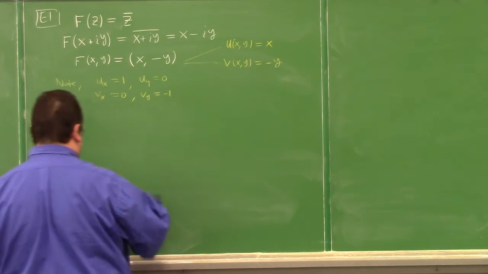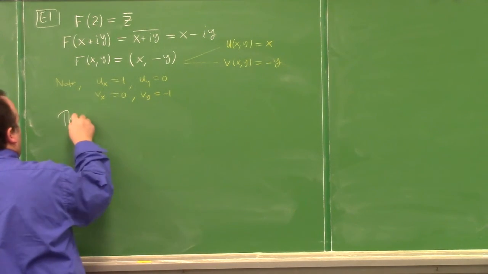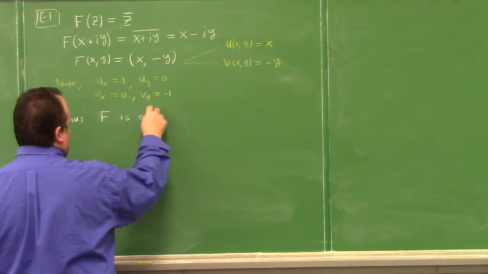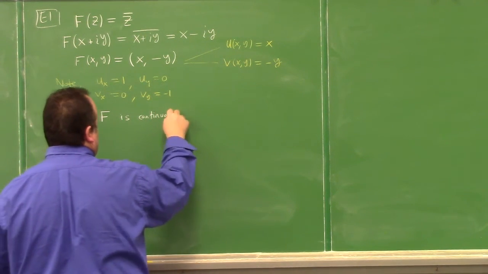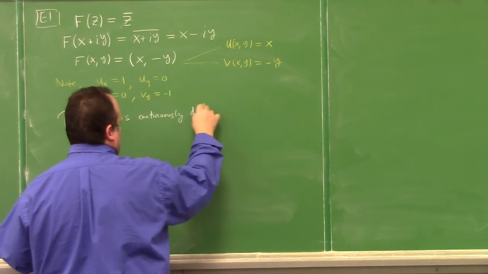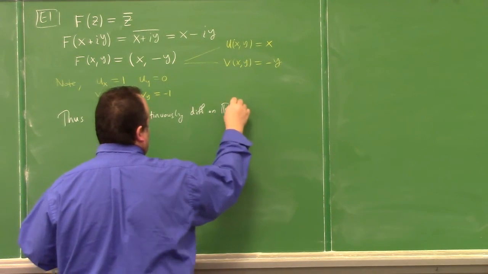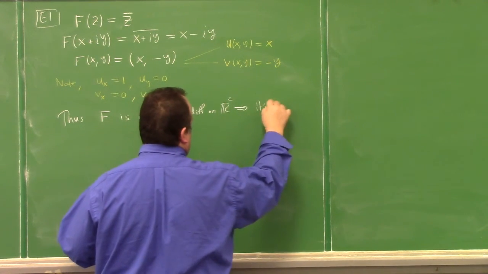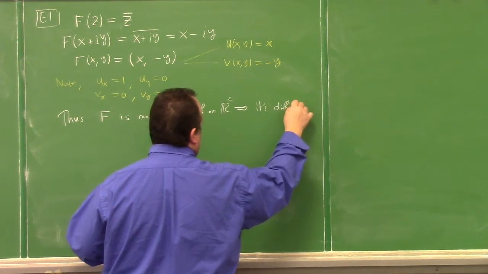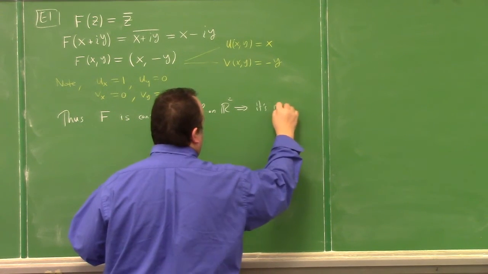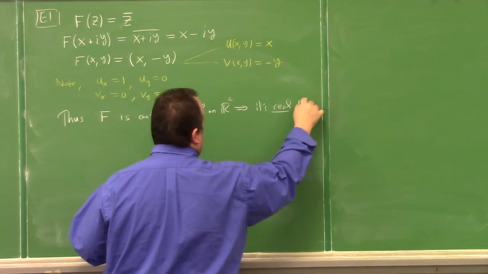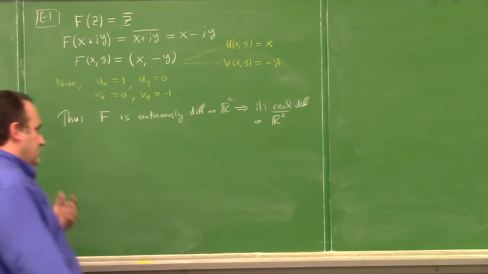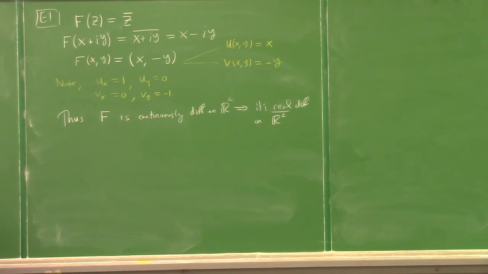So therefore, thus f is continuously differentiable on R2, which implies it's real differentiable on R2. What's the Jacobian matrix look like?